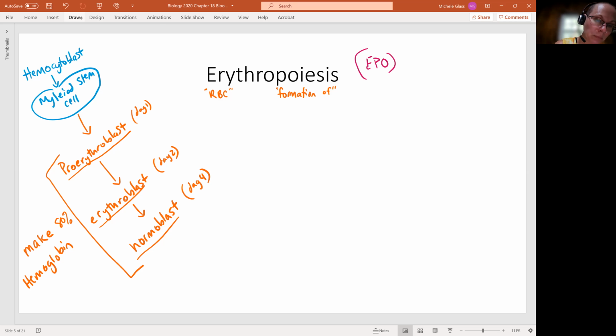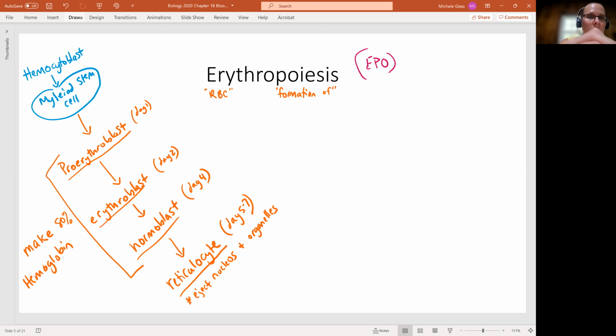And then we get to what's called a reticulocyte. And this is showing up at about day 5 to 7. And the significance of this is that it's going to eject the nucleus and most of the organelles.